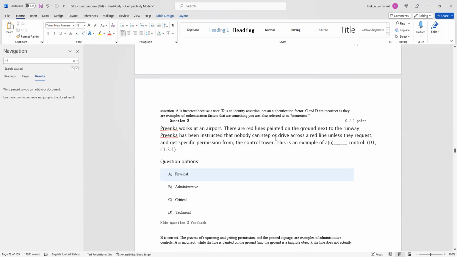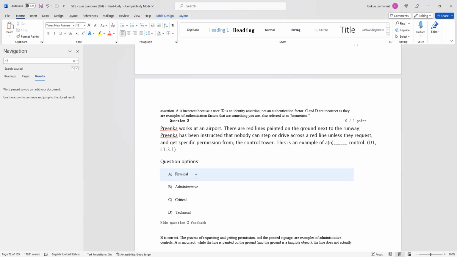Okay, XYZ works at an airport. There are red lines painted on the ground next to the runway, and they've been instructed that nobody can step or drive across a red line unless they request and get specific permission from the control tower. This is an example of what control? That is an administrative control. It's not a physical control because there's no physical blockage there.